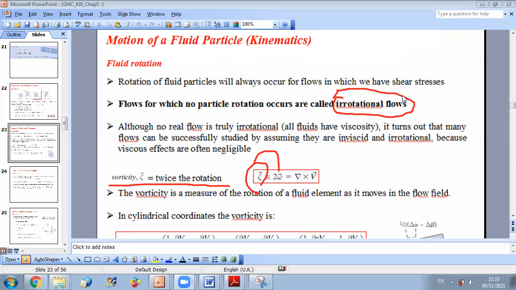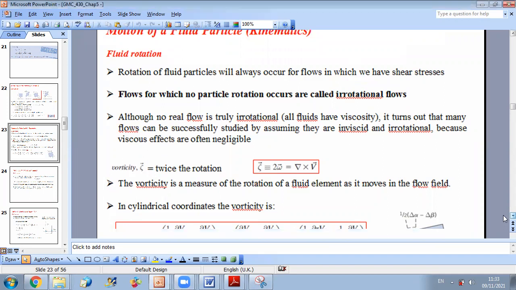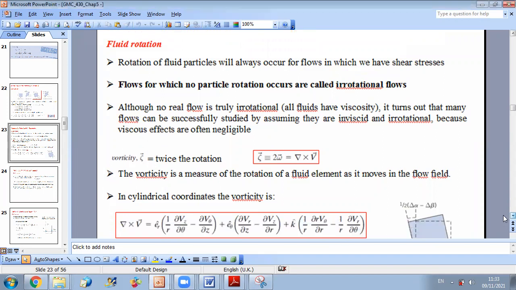Now, as usual, we are always dealing with Cartesian coordinates and cylindrical coordinates. So we will also define the curl of velocity in polar coordinates, which will give us the angular velocity.